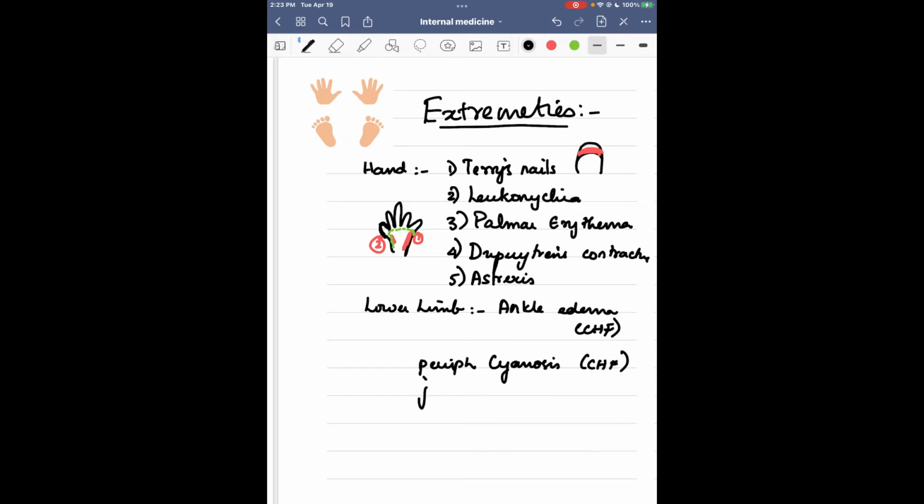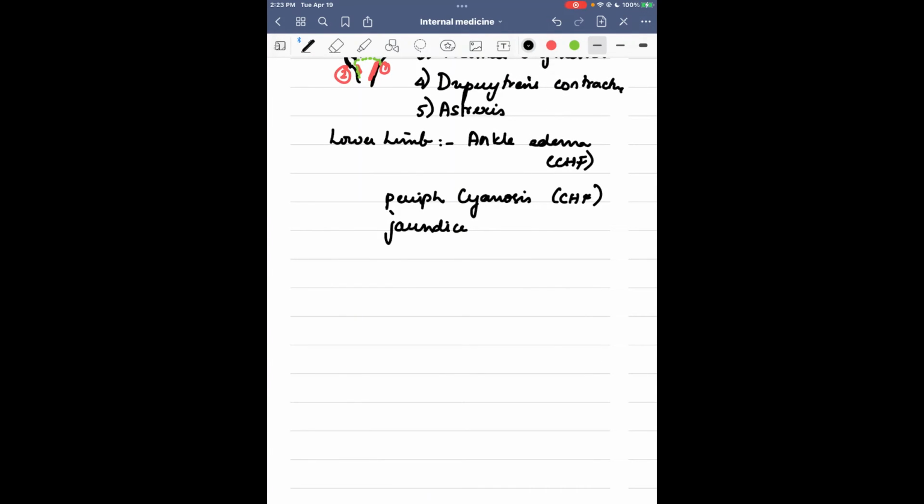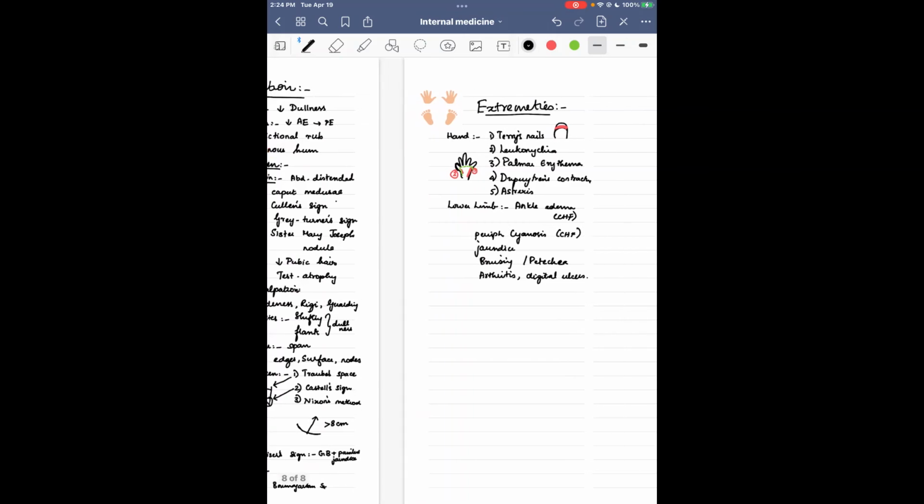We can also see jaundice, and because of decompensated liver, there can be bruising or petechiae. And on rare occasions, if there is an associated autoimmune condition, we can also see arthritis and digital ulcers. Okay, so this is about the physical examination.